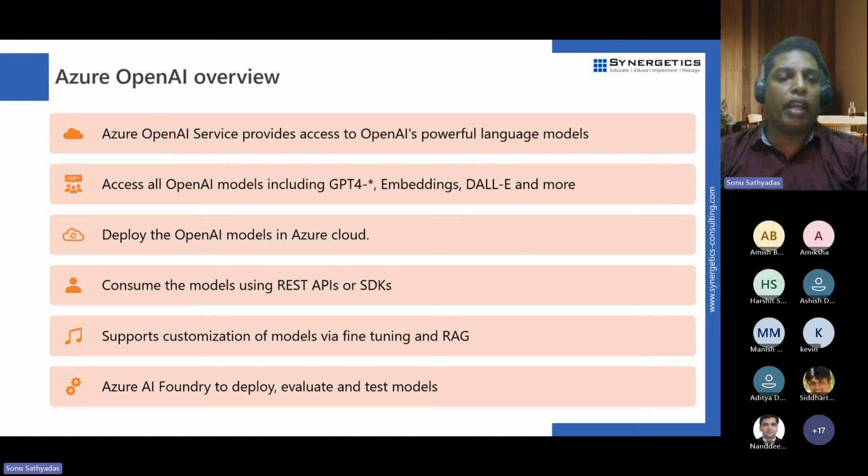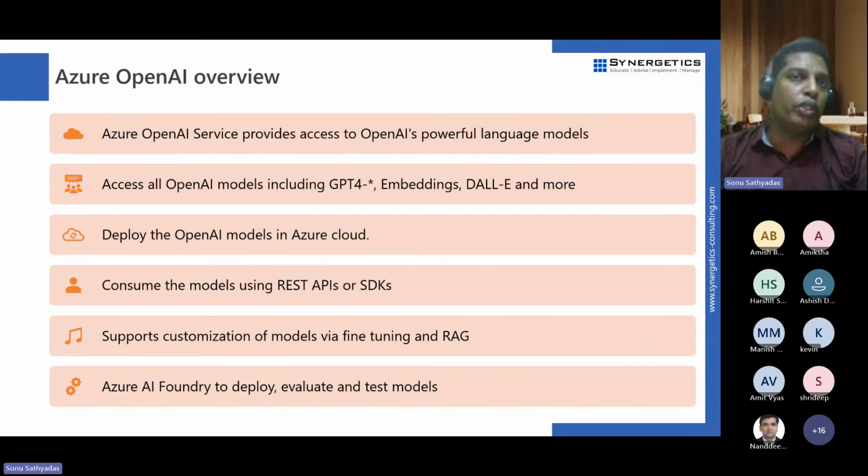Means if you have an Azure account, you can create an OpenAI resource and deploy whatever models you like. So these models include the GPT-4 models or GPT-3.5 models or the embeddings models or DALL-E models.